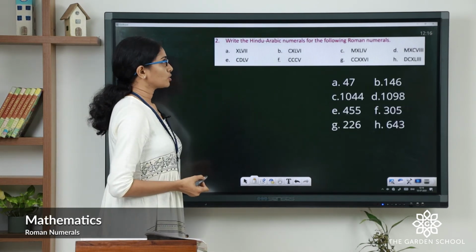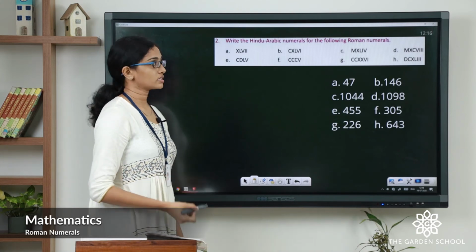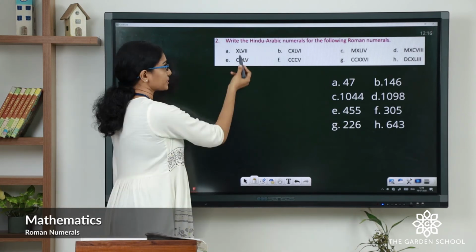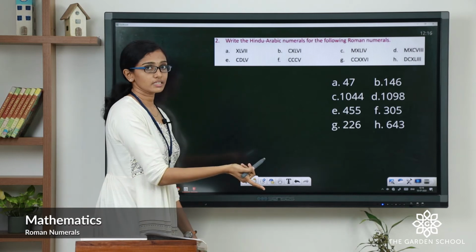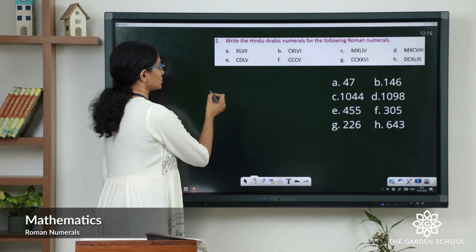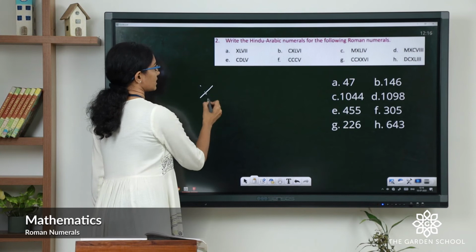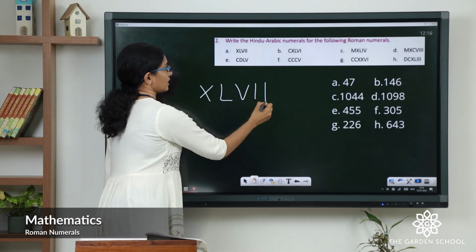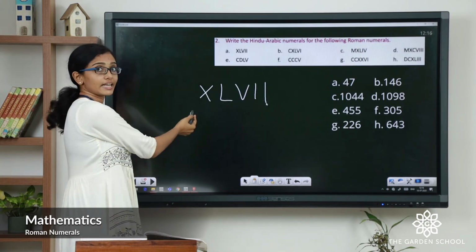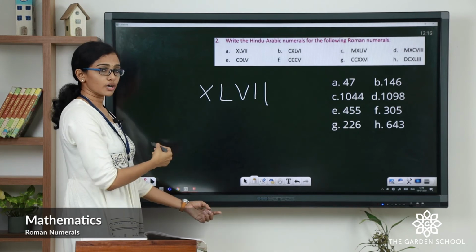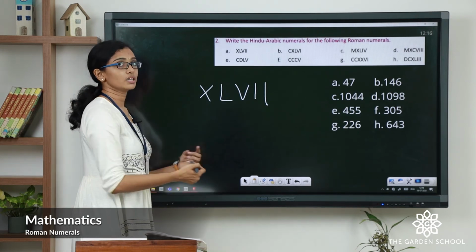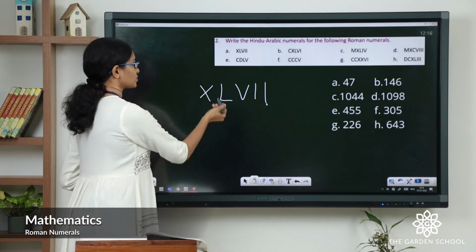Write the Hindu-Arabic numerals for the following Roman numerals. So it's just the reverse. You are given the Roman numerals here, and you have to write the corresponding numbers. So let's see the first one. It's XL. X is 10 and L is 50. A smaller numeral to the left of a bigger numeral, in that case, we subtract.